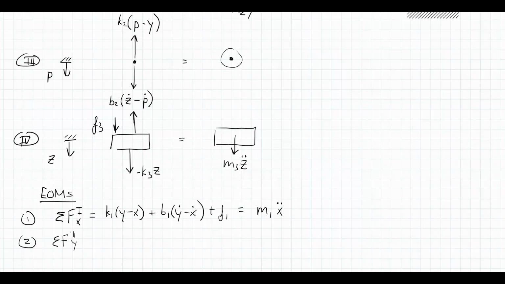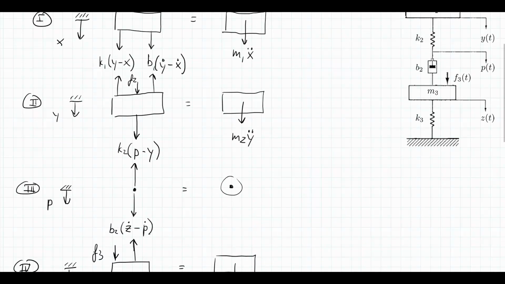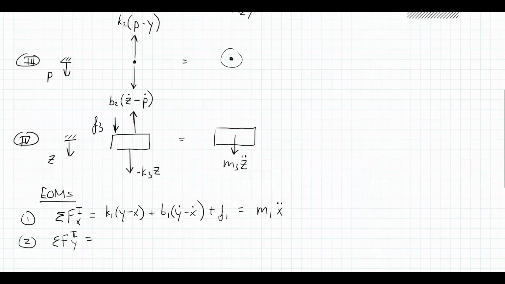Now we can move on to our second free body diagram, which will be the second mass, which is going to have that y direction. We'll have 4 forces acting on this. So looking at the arrows, K1 and B1 are pointing up, so they are going to be negative. So I'll copy those first. So a negative K1 (y minus x), minus a B1 (y dot minus x dot).